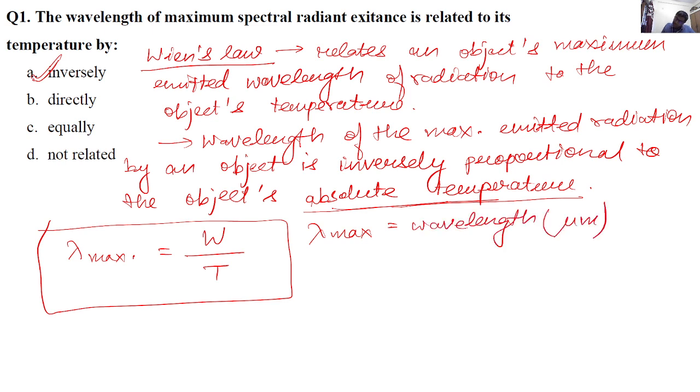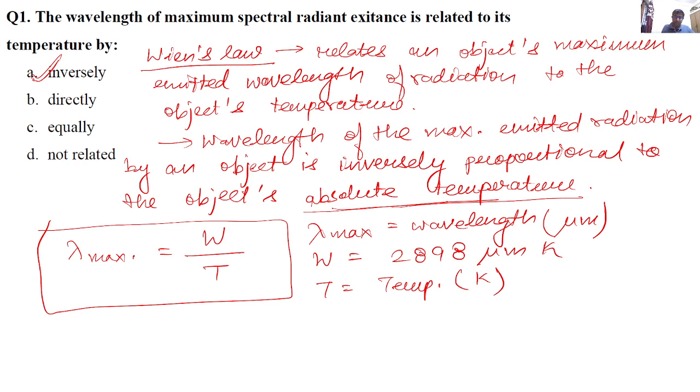Let us write it in micrometers. W is the constant, which is 2898 micrometer Kelvin, and T is the temperature in Kelvin. So if you have to find lambda max in micrometers, then you have to put the value of the constant in micrometer Kelvin only.